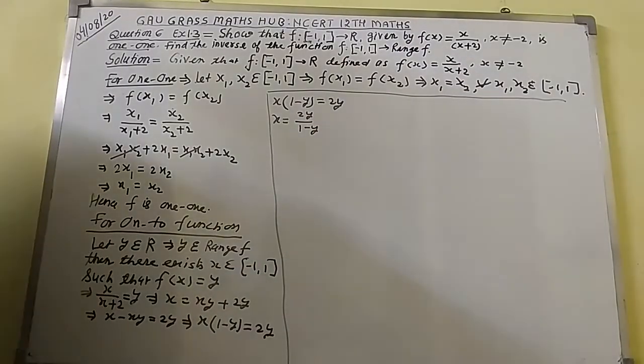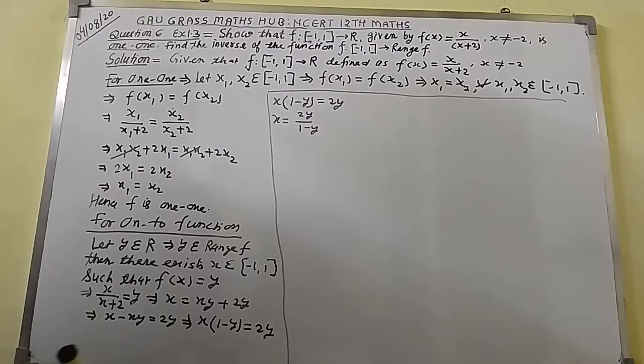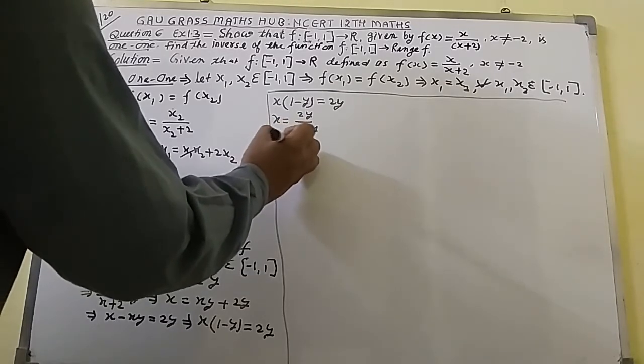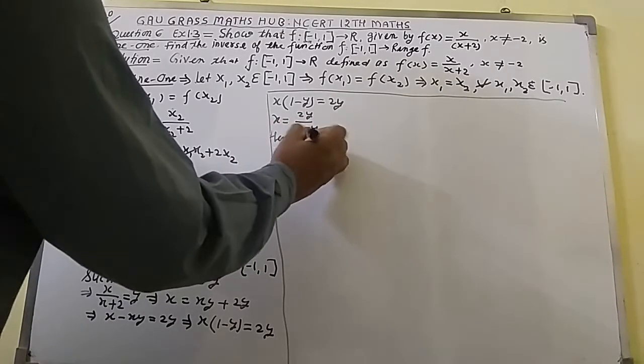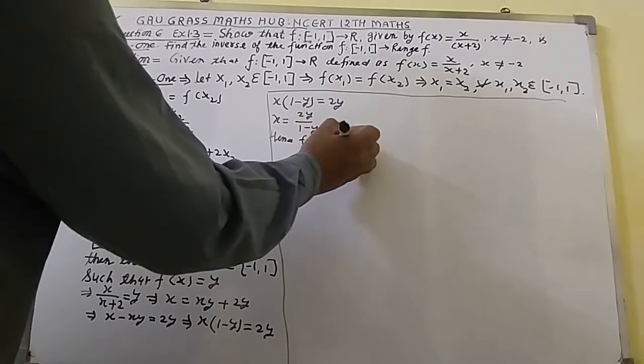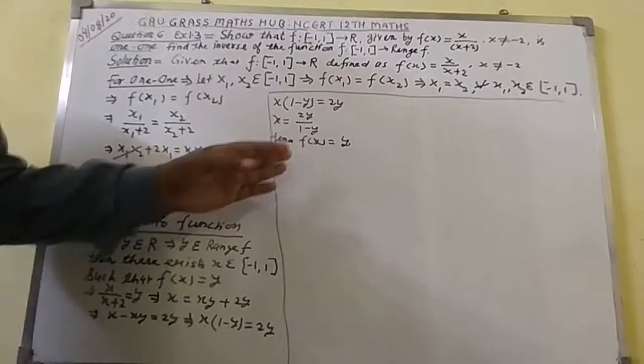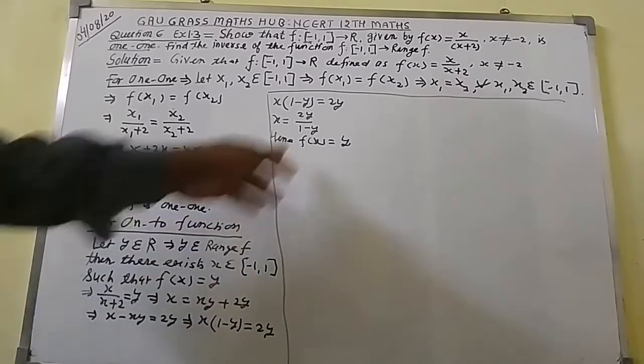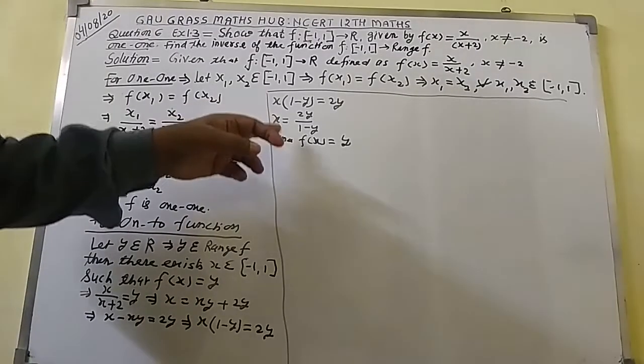So what to do here? Next I shall write, hence f(x) is equal to y. It is given here such that f(x) is equal to y. Same thing I have written. So now what to do here?